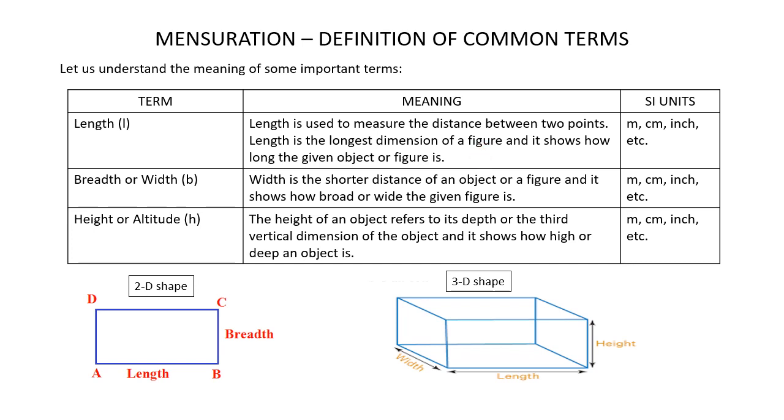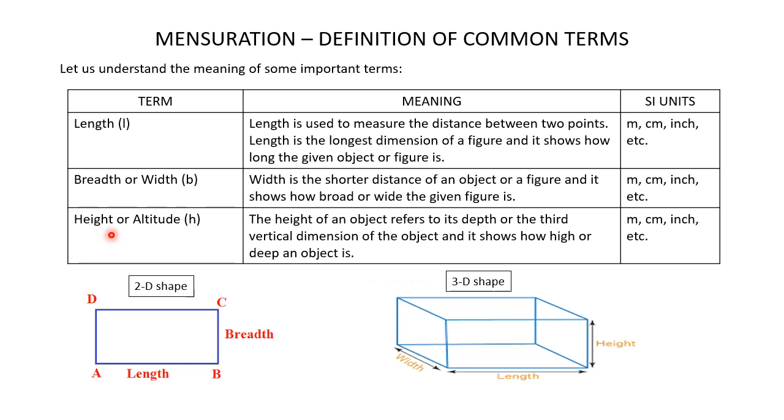The SI units of length is meter, centimeter, inch, etc. Breadth or width. Width is the shorter distance of an object or a figure and it shows how broad or wide the given figure is. The SI units of breadth is meter, centimeter, inch, etc.